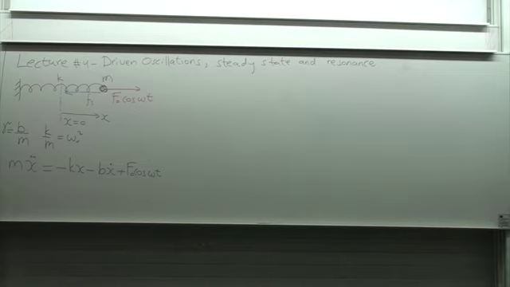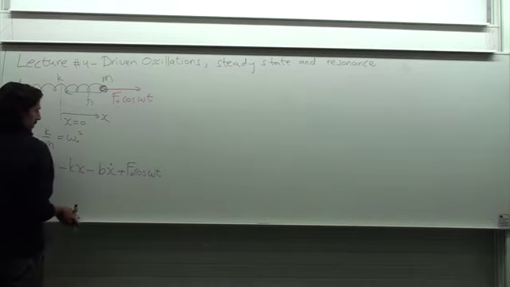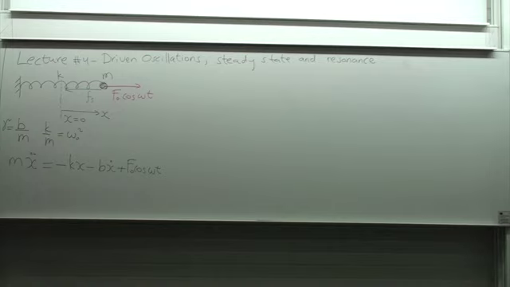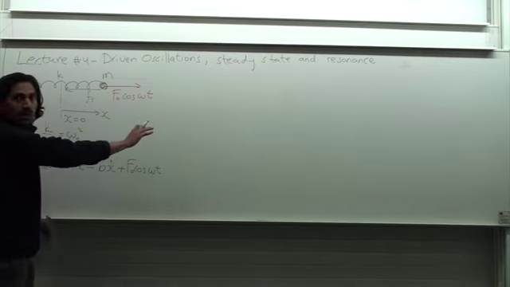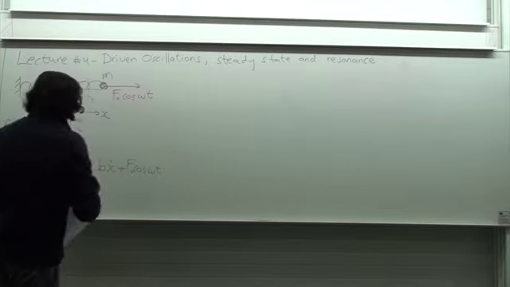Let us divide by m and substitute gamma and omega 0 squared instead of k over m and v over m. What we get is x double dot. I'm going to also move the resistive force and the spring force to the left side, and just leave the driving force on the right side.